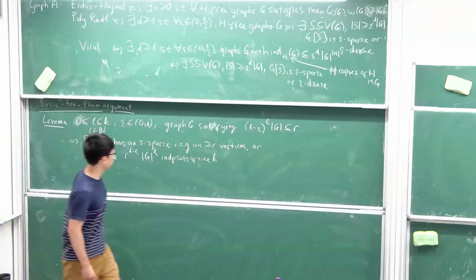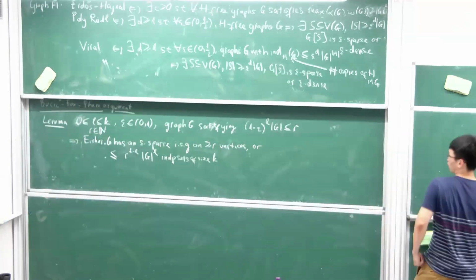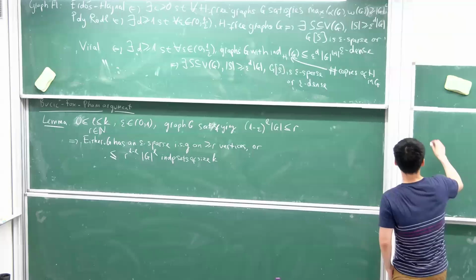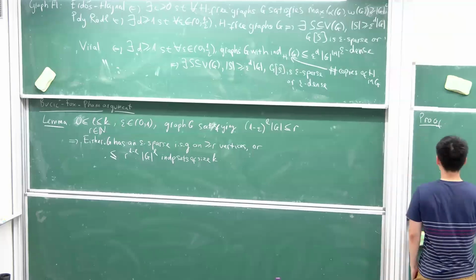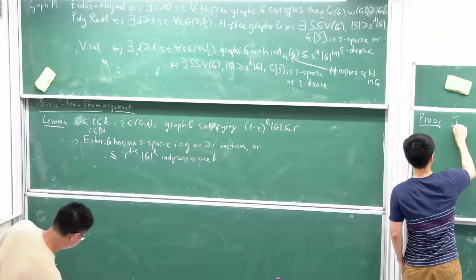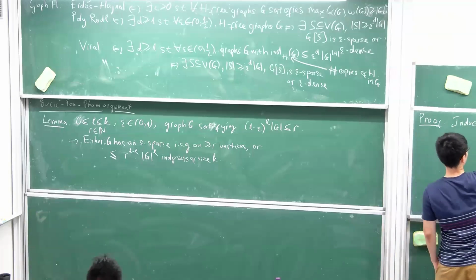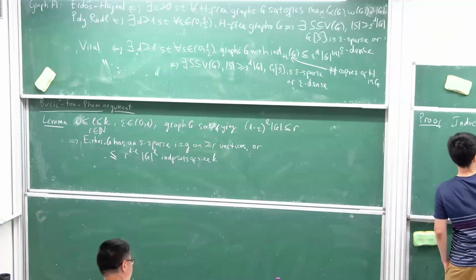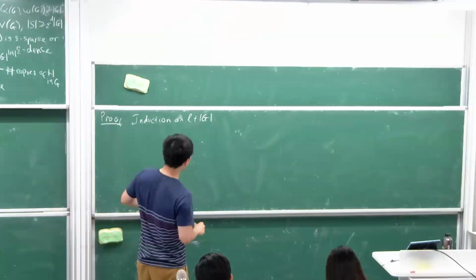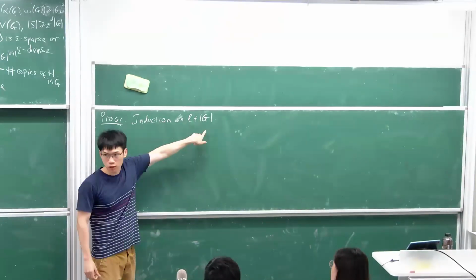Let me go into the proof of the lemma. The idea here is pretty simple. You do it by induction, and formally I'm going to do induction on L plus the number of vertices of G. Of course it is going to be trivial when L is 0 or G is empty.